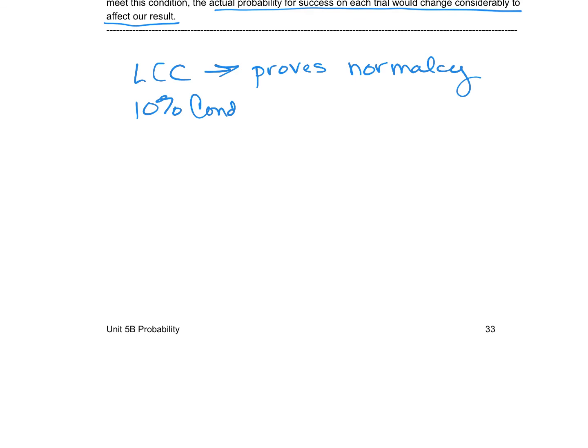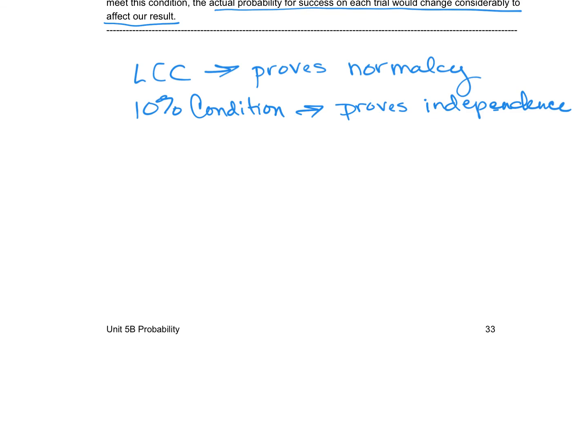Just to reiterate, large counts condition proves normalcy, and the 10% condition proves independence, and if it's normal and it's independent, then we can do all kinds of stuff with it.